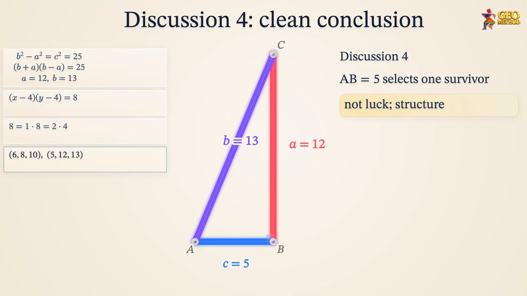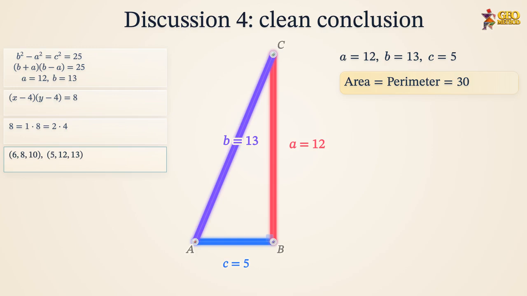Discussion 4 is the clean conclusion. The fixed side, c equals 5, is not just another given. It selects one survivor from a tiny general classification, which is why referencing the broader problem makes this one much clearer. Solving the two direct equations gives a equals 12, b equals 13, and c equals 5 again.